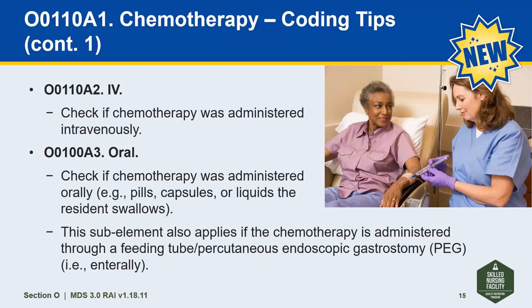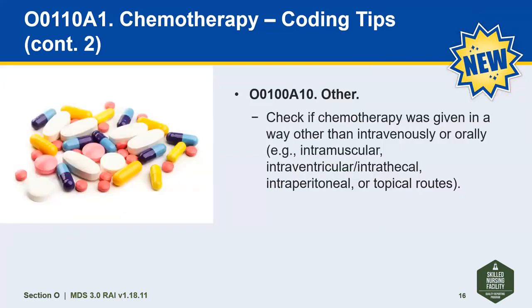And this sub-element also applies if the chemotherapy is administered through a feeding tube or a PEG tube. And for O0110A1c, other, check if chemotherapy was given in another way other than intravenously or orally. These might include intramuscular, intraventricular, intraperitoneal, or topical routes.